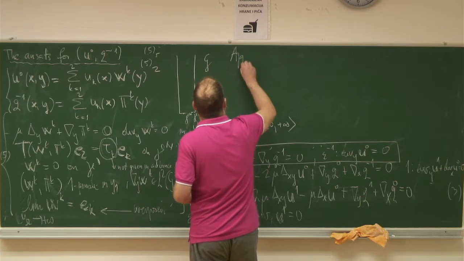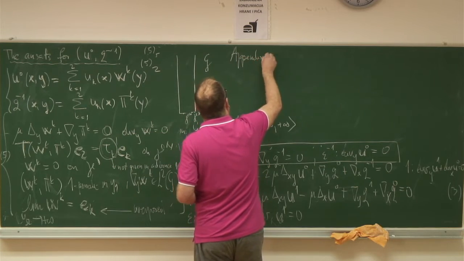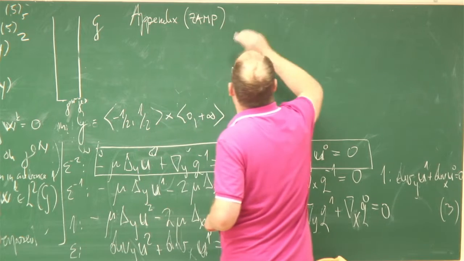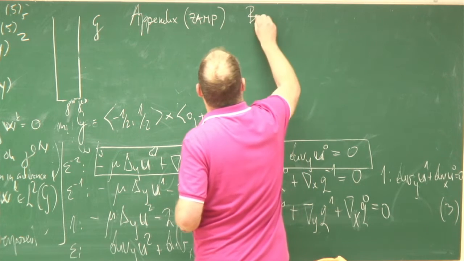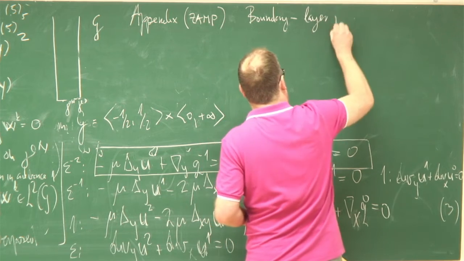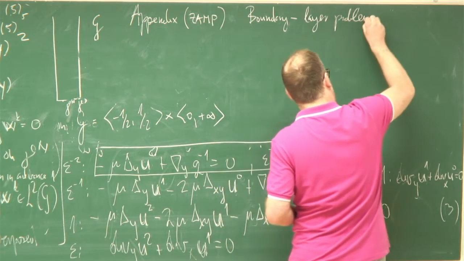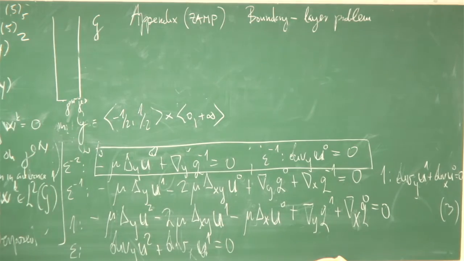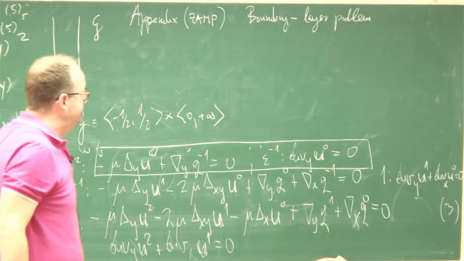So in the appendix in TSAMP, one can find the result on the boundary layer problem, which of course can be used not just in this situation, but for other situations as well.